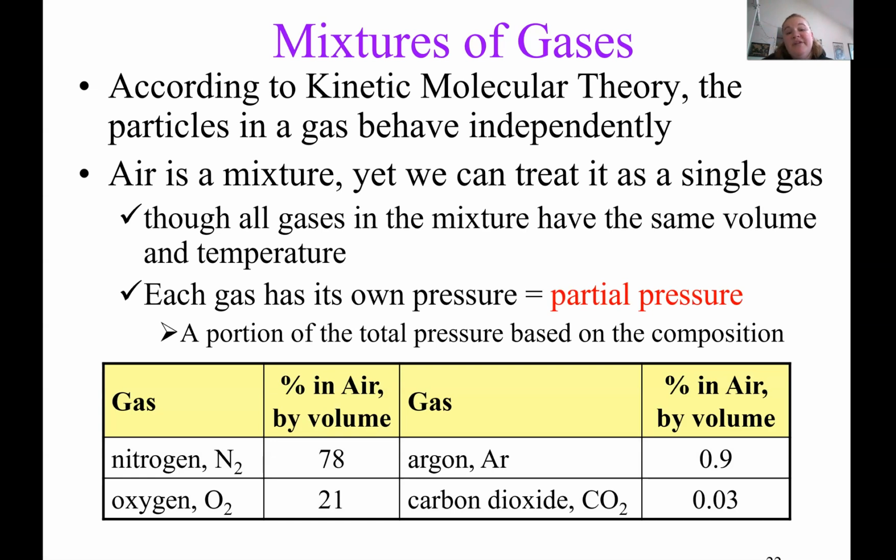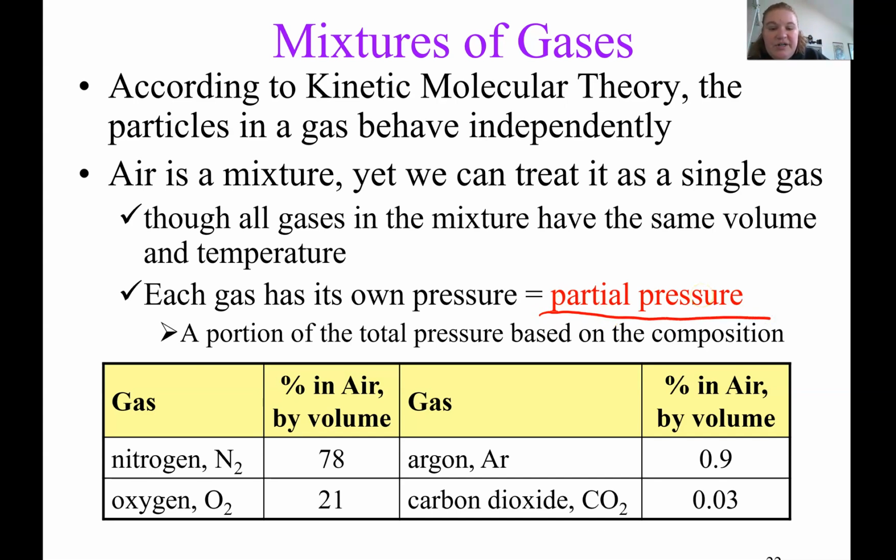When we have a mixture of gases, the gases are behaving independently, and so we can think of them as a single gas in terms of their size and their pressure, but each gas individually has its own pressure, and this is called a partial pressure.